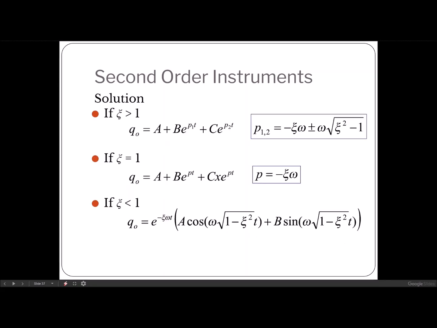Now, I think you know about this. This is basically similar to the theory of vibration. The eta in vibration corresponds to the damping value. If this eta is greater than 1, then you will have non-oscillatory response. If eta is equal to 1, then your output is still non-oscillatory.